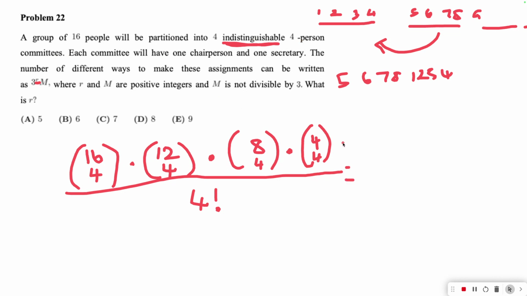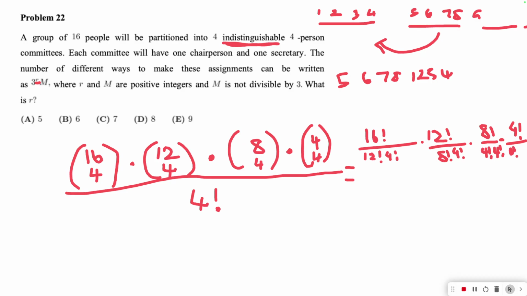So if we simplify this, we realize that 16 choose 4 is 16 factorial over 4 factorial times 12 factorial, then times 12 choose 4, which is 12 factorial over 4 factorial times 8 factorial, and then times 8 factorial over 4 factorial times 4 factorial, and then times 4 factorial over 0 factorial times 4 factorial. And also 0 factorial is 1, if you weren't aware.